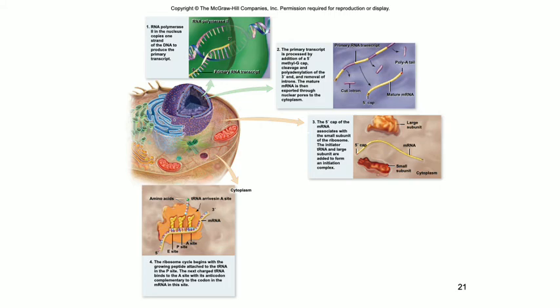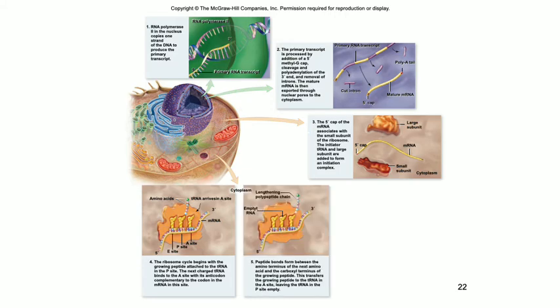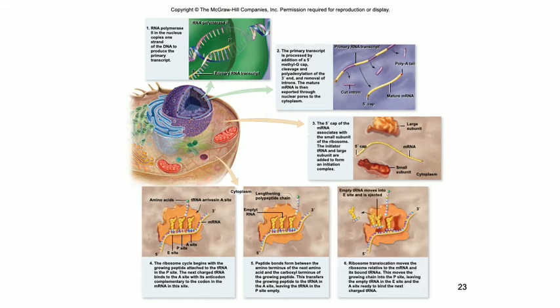So it all depends on the code of the mRNA. That polypeptide chain, so the chain of amino acids, will be growing until a stop codon is hit, and the whole system disassembles.